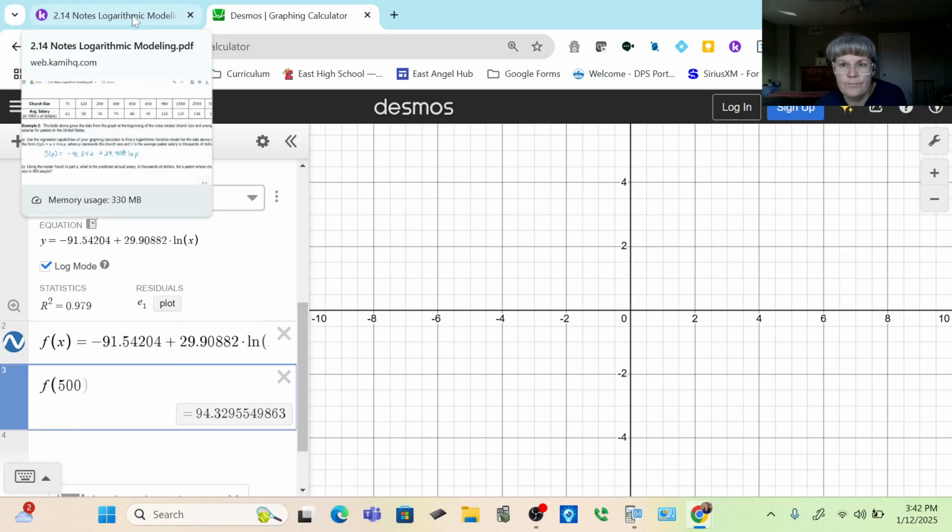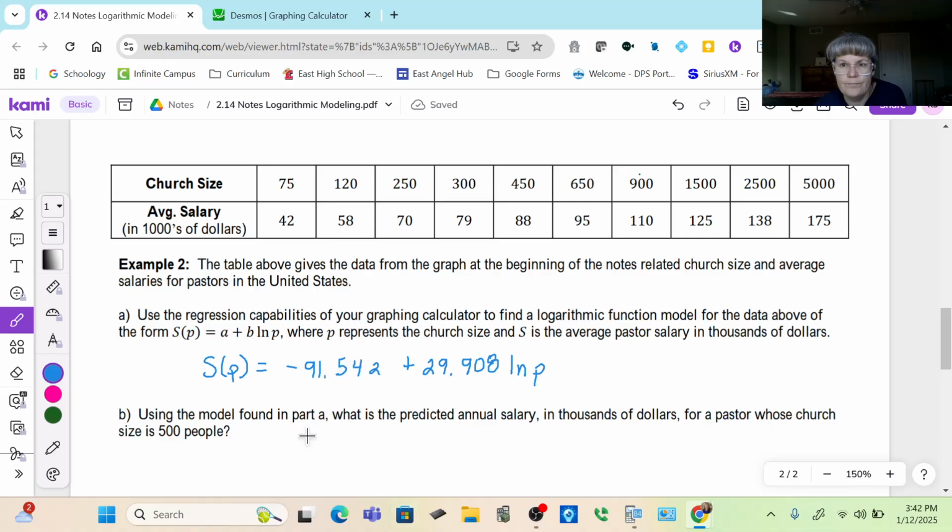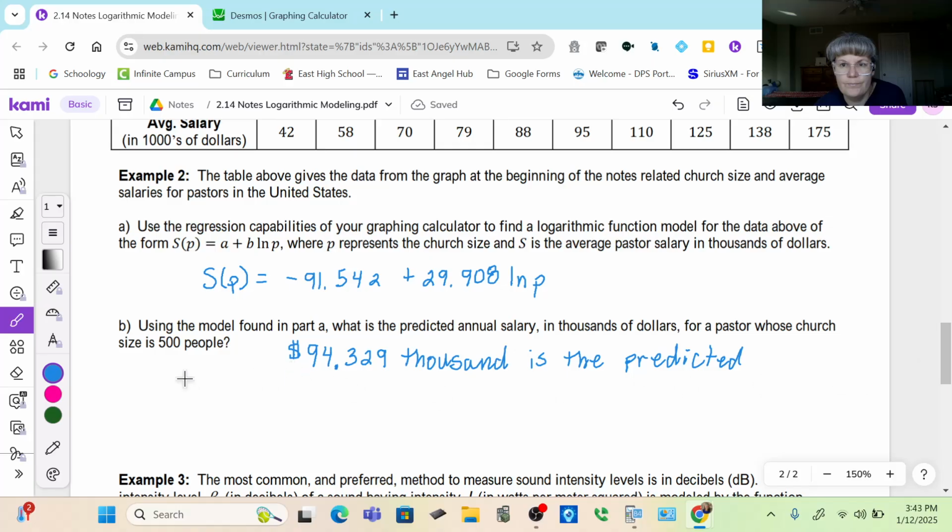I know I sound kind of like I'm rambling here, but in case we're worried about the decimal piece, we could say we have 94.329, and then we have to say thousand dollars is the predicted salary for a pastor at a church with 500 members.